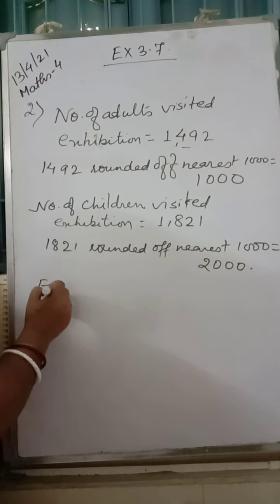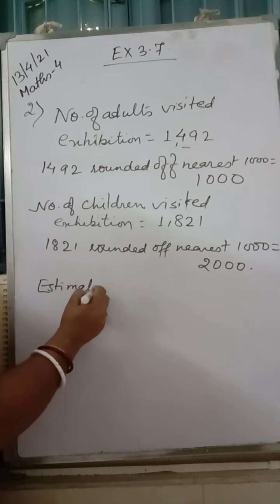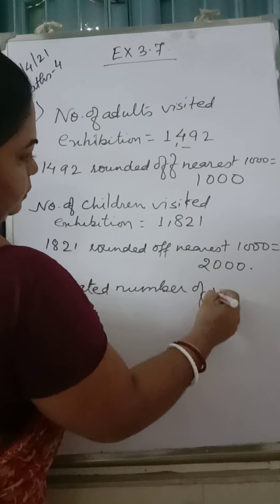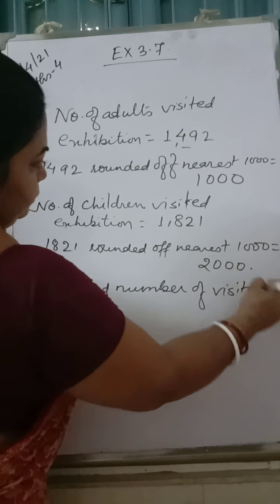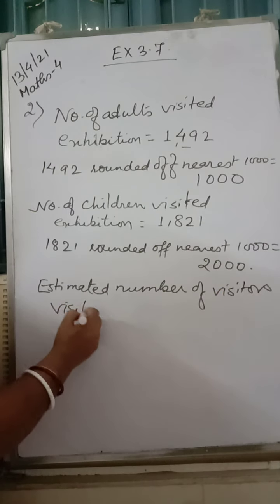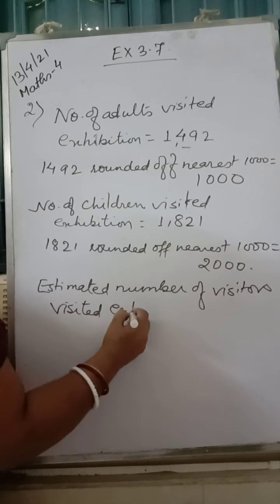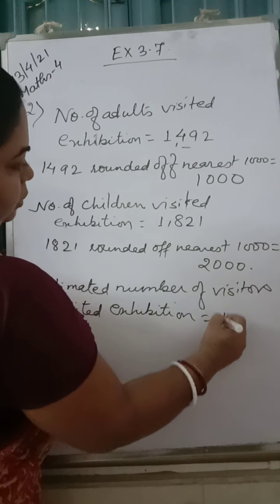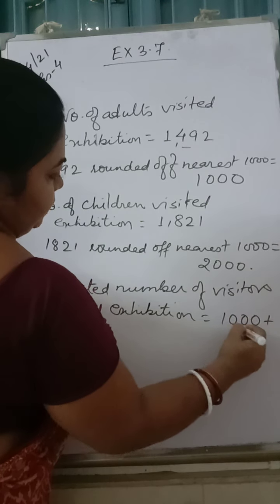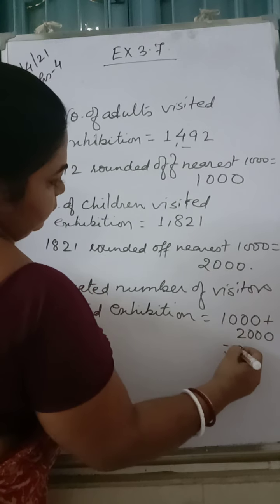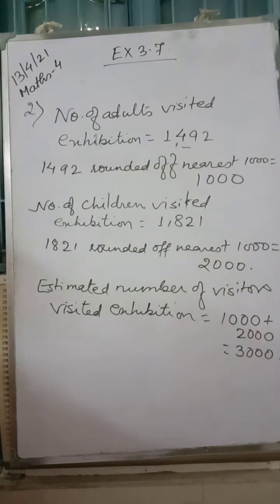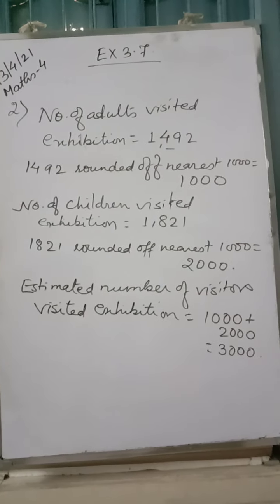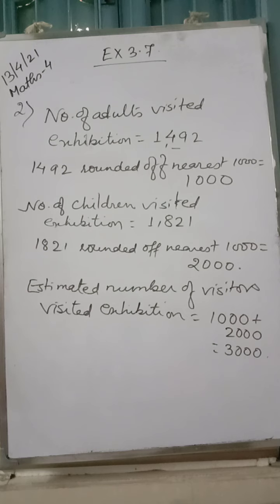So the estimated number of visitors who visited the exhibition is equal to 1000 plus 2000, which gives you 3000. 3000 people have visited the exhibition. This is question number 2.